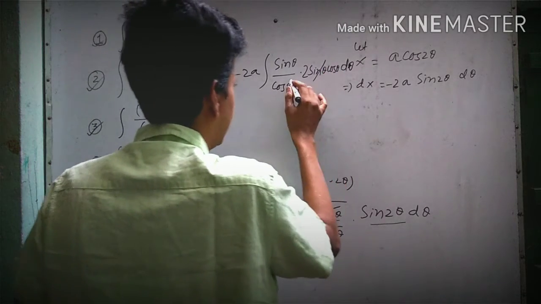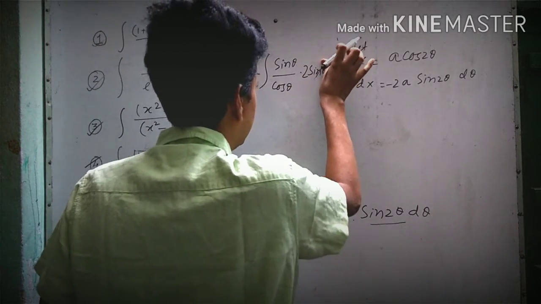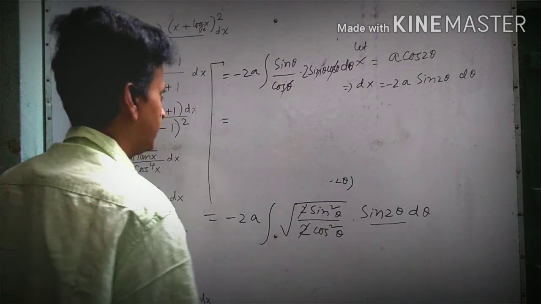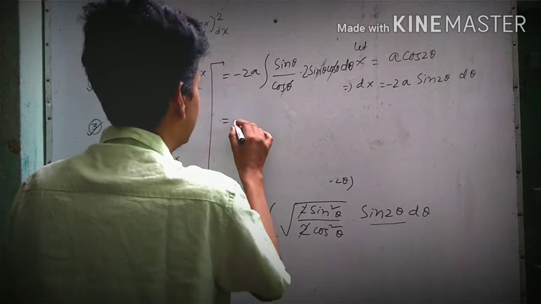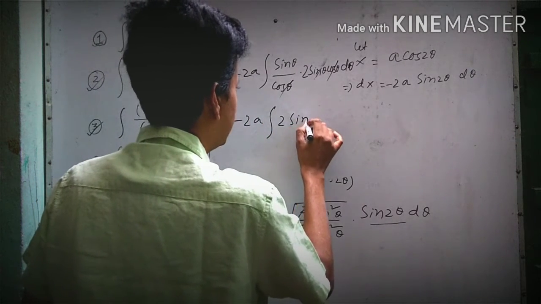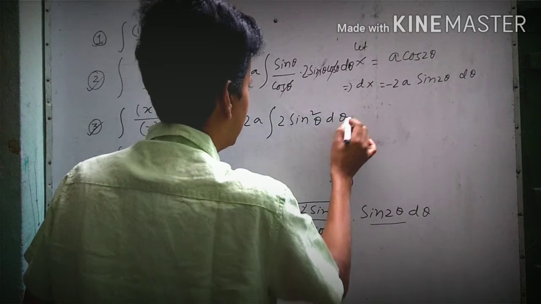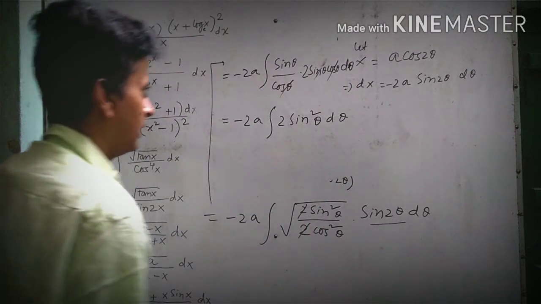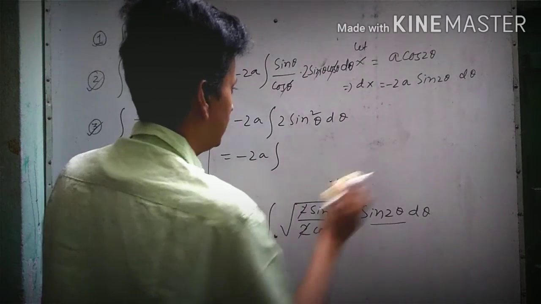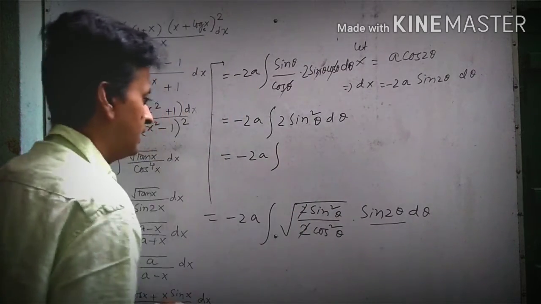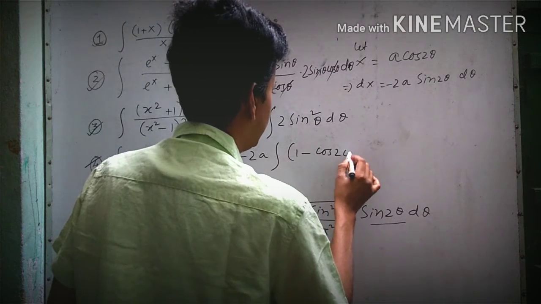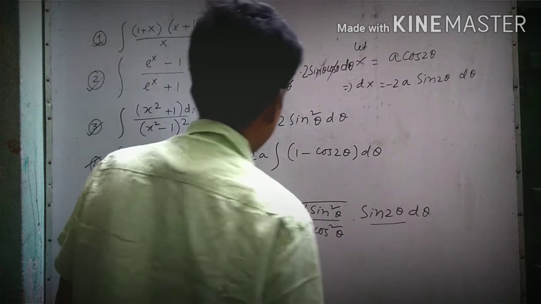So here cancel sine theta. No, sine theta is not cancelled. Here cos theta and cos theta is cancelled. And we get minus 2a into integration of 2 sine square theta d theta equal to minus 2a into integration of, we can write 2 sine square theta as 1 minus cos 2 theta d theta.